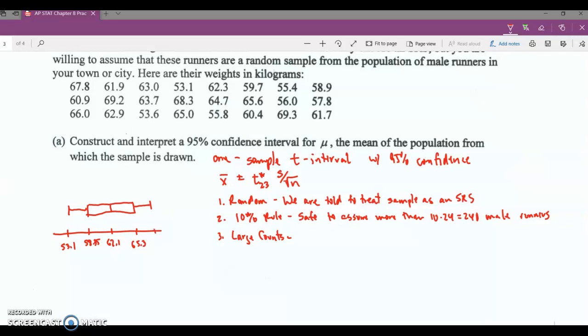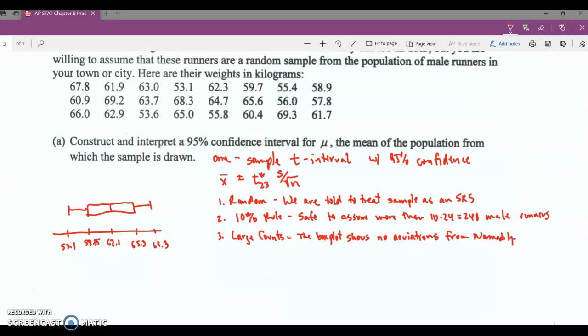And then my max is 69.3. No outliers. So the box plot shows no deviations from normality. Really, I'm just looking for severe skew or outliers because my sample size is pretty big. 24 is close to 30. So I'm good to go.